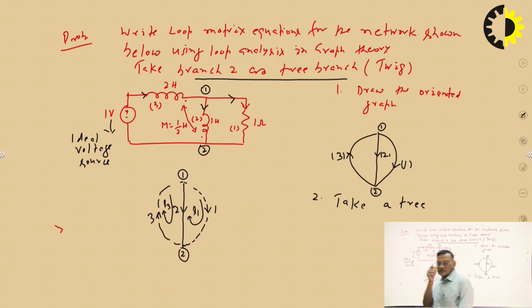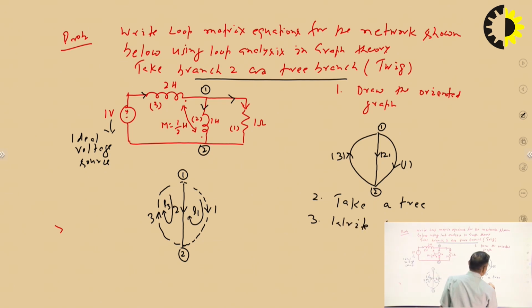L3 is the fundamental loop corresponding to link 3, and L1 is the fundamental loop corresponding to link L1.